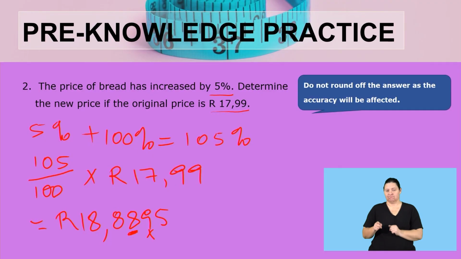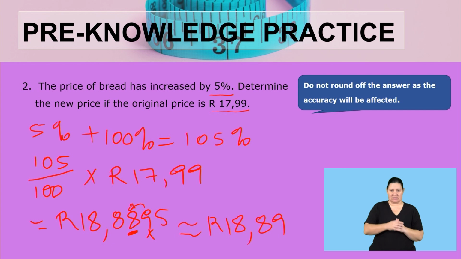And remember the principle for rounding off: because we are looking for 2 decimal places, the third decimal value will be the one to determine whether we are rounding up or rounding down. The third decimal value is greater than 4, which is 9, and this will make the 8 be adjusted upwards, and it will become a 9. So our final answer will be 18 rand 89. So this is the price after the increase.